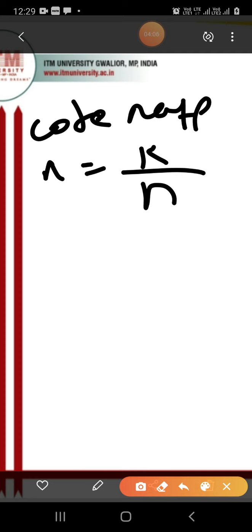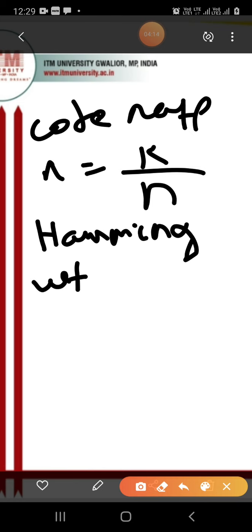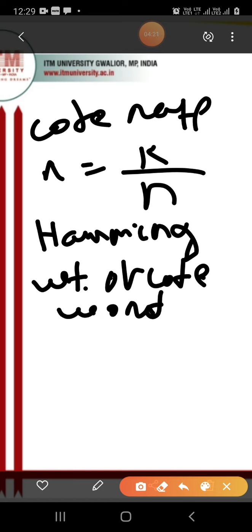Now coming to Hamming weight of a code word. It is denoted by w(x). So I can write the Hamming weight of a code word x is defined as the number of non-zero elements in the code word.